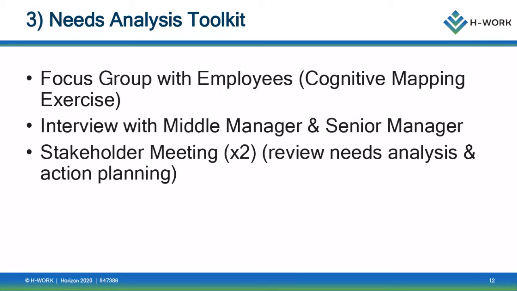And then there are also interviews with middle managers and senior managers to get a more contextual analysis of what's going on and the processes that occur within organisations which might help or hinder a healthy workplace. And then the needs and the demands and the resources that are identified within that workshop are then brought to a stakeholder meeting. We have two of these stakeholder meetings, and I'll talk about those in a moment, where we review the needs analysis and then think about action planning and how we're going to implement new interventions to deal with those.